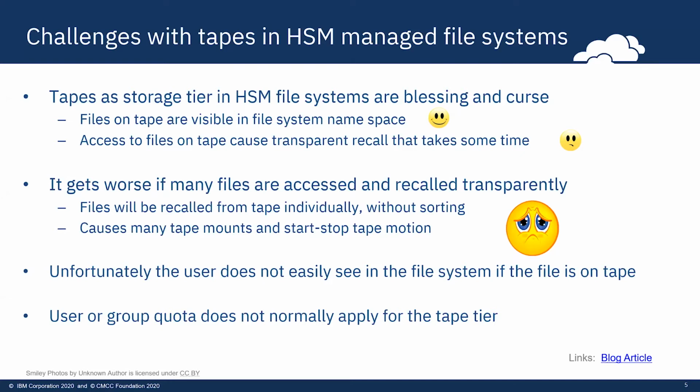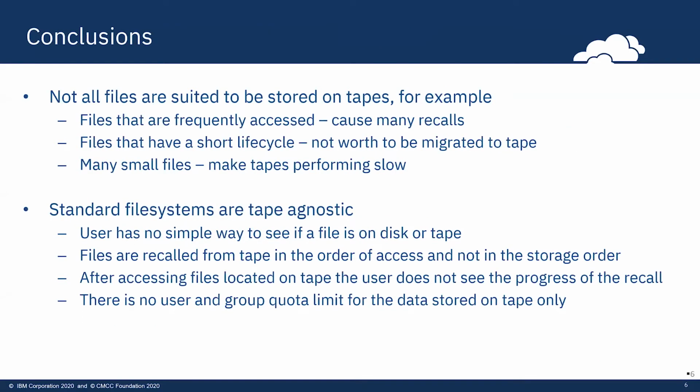So these are some of the key challenges, and in conclusion, we can say that clearly not all files are suited to be stored or to be tiered on tape, right?